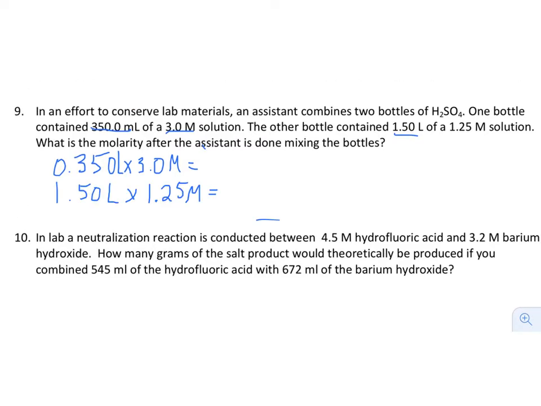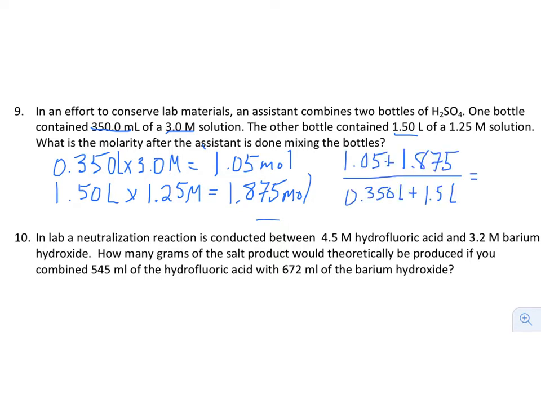And so when we multiply these through, we get 1.05 moles from the first solution, 1.875 moles from the second solution. Again, add those two together and then divide by the new total volume. If we add those two together, we get 2.925.